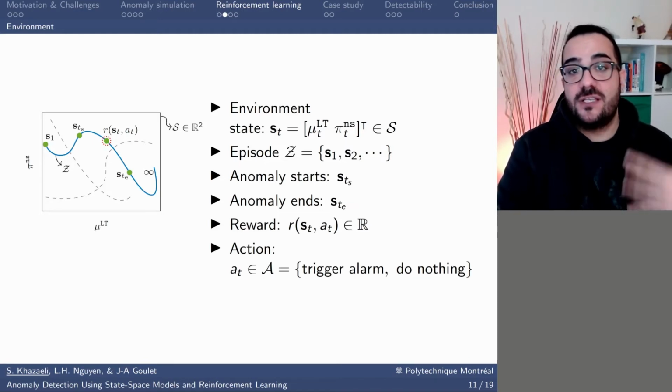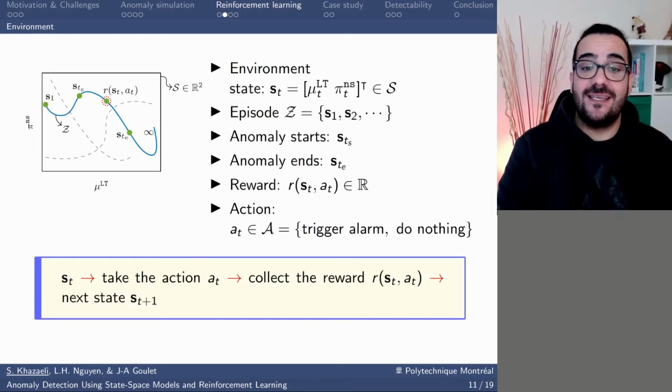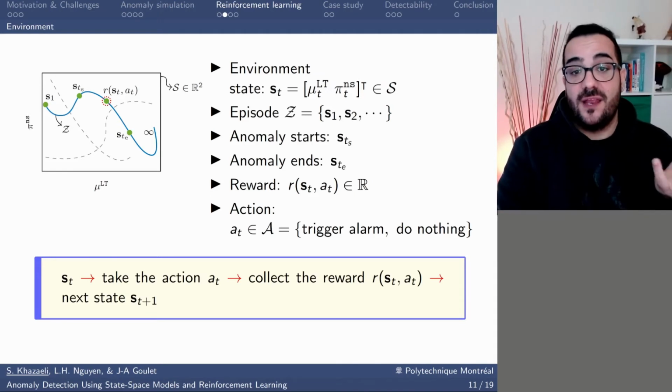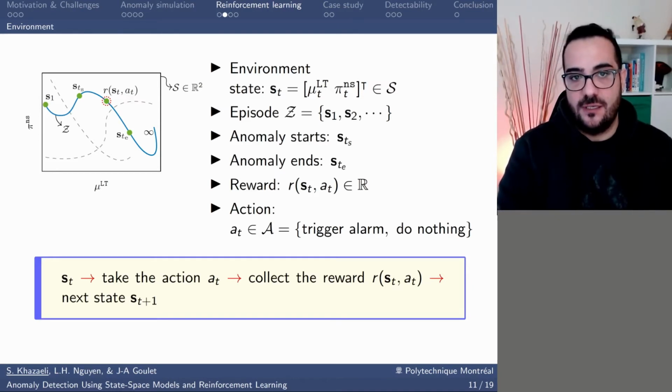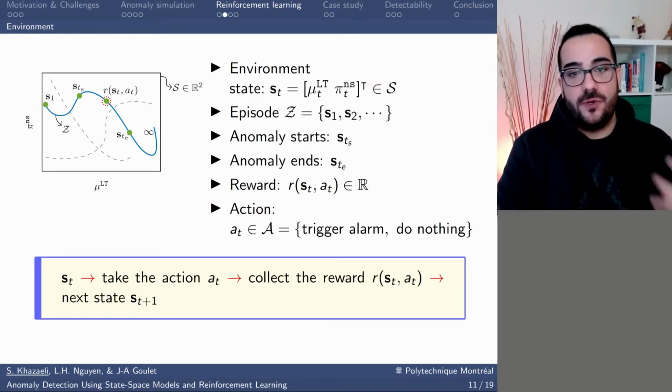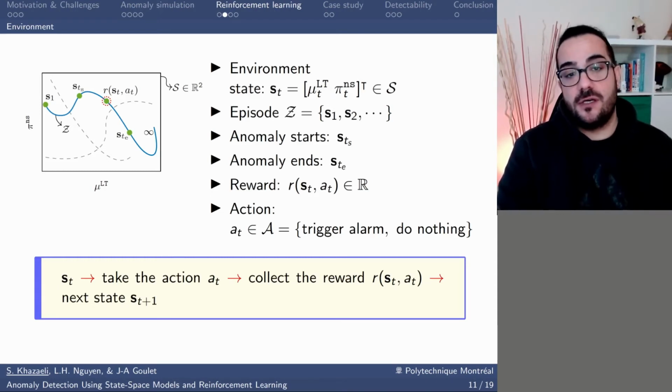Therefore, the agent-environment interaction can be defined as: at state t, the agent takes the action a_t, collects the corresponding reward, and moves to the next state. The objective of the agent is to collect the maximum of the rewards over all the episodes by taking proper actions. So there are many algorithms to perform such maximization, and in this work we use the Q-learning approach.